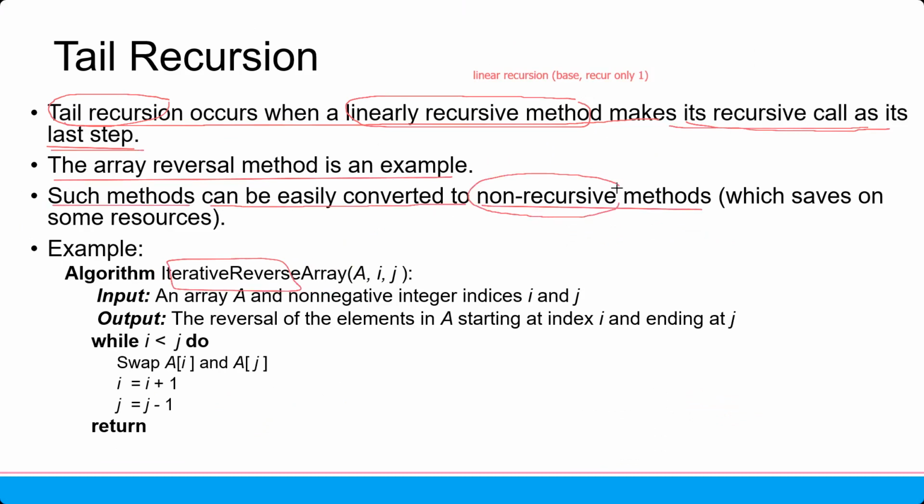You know, what does it mean? Non-recursive methods. For some methods we can use recursion, but for other methods we can use non-recursion. Non-recursion means we just use the for loop, or this is the iteration.